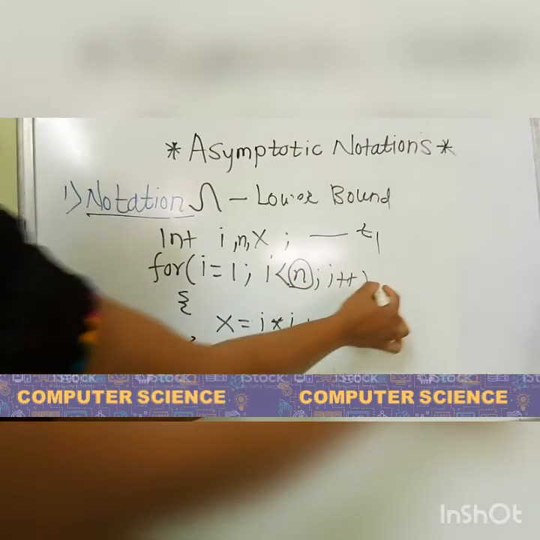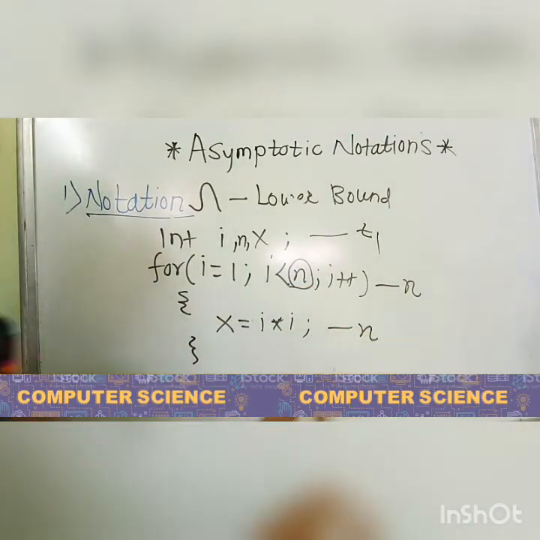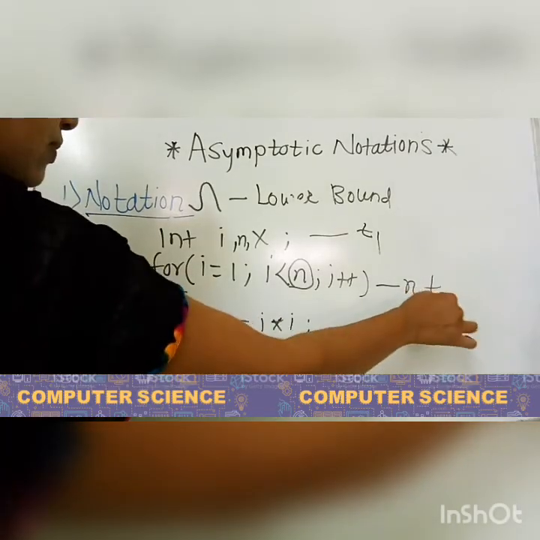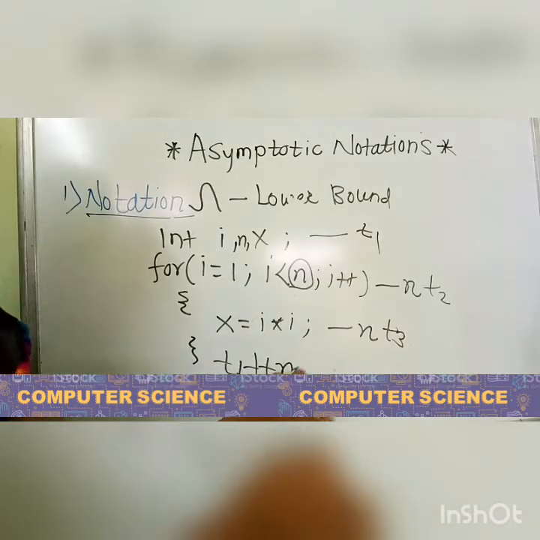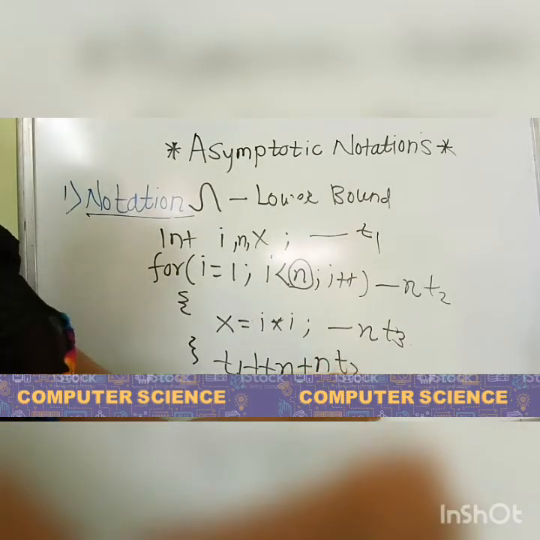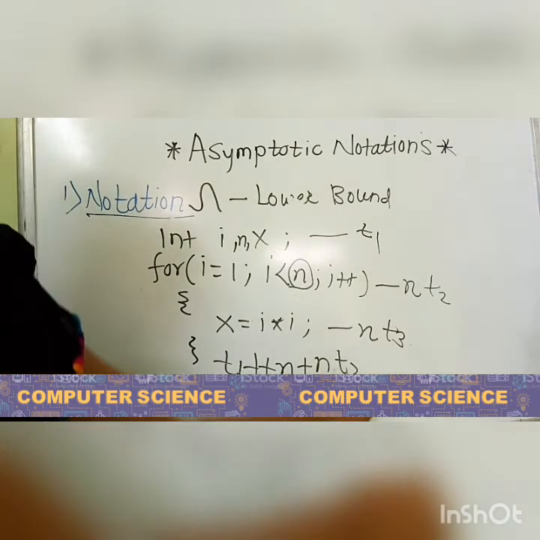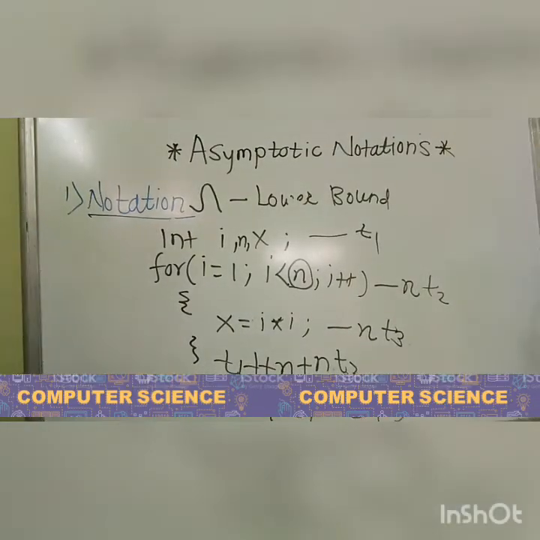Here it is n, meaning it is executed n number of times. The last one is also executed n number of times. So the total time required is t1 plus n t2 plus n t3. Overall, maximum n time is required, and it would be denoted as big O of n, meaning the time complexity is big O of n.